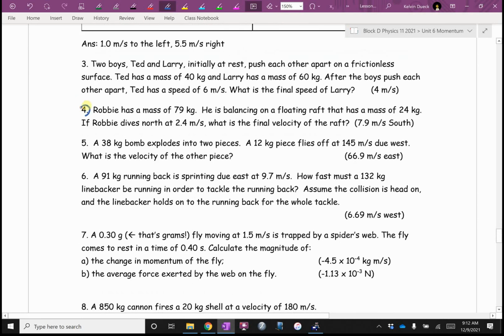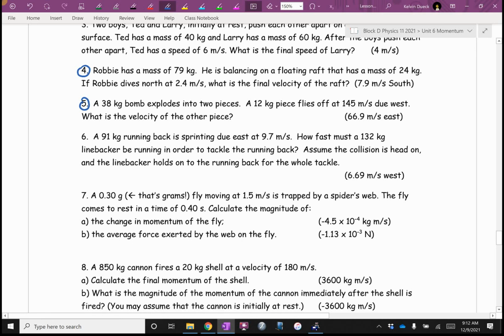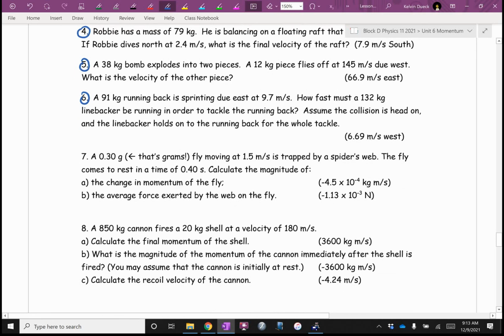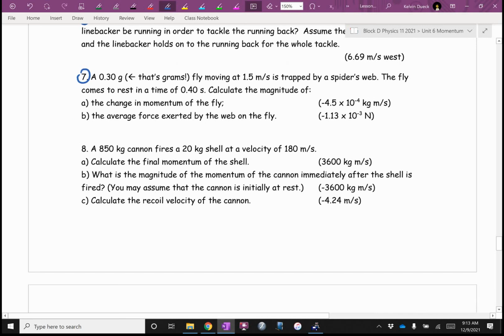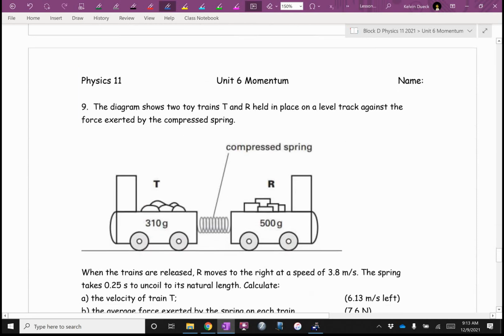Let's go to number 4. I skipped 3. 5 is good. 6 is good. 7 is good. I'll skip 8.